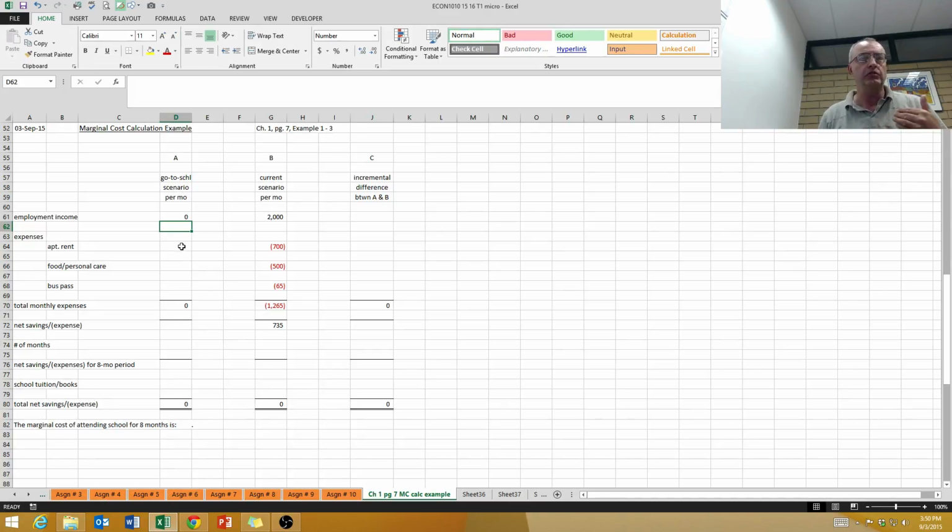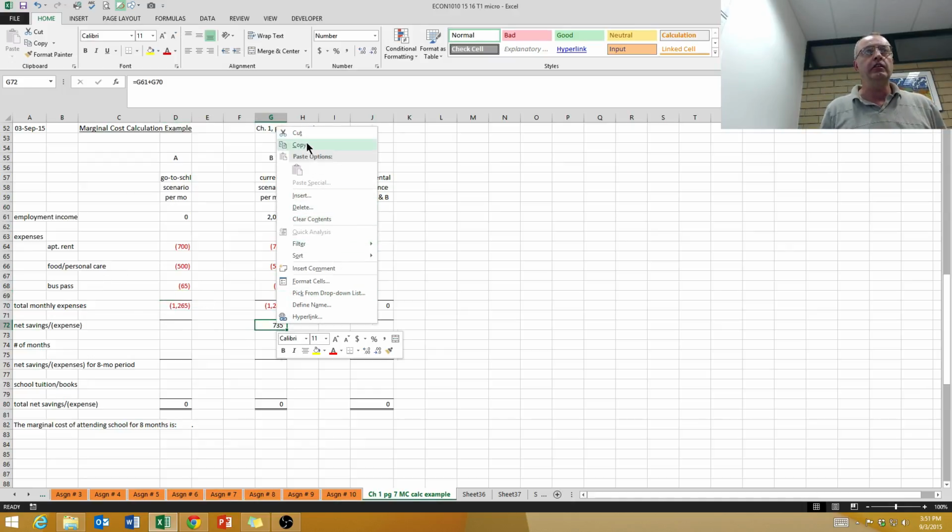If she goes to school, she's going to stay in the same apartment and continue to pay $700 a month. So her apartment expense stays the same. Her food and personal care cost remains the same at $500 per month. And she's also going to take the bus to school, so her bus expense will stay the same.